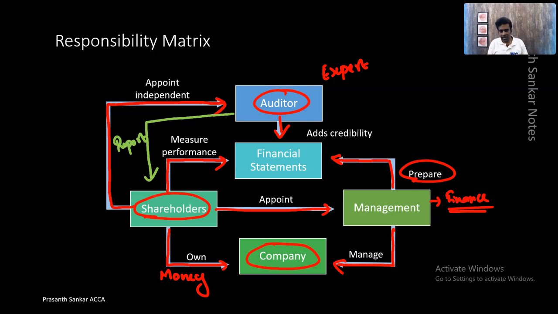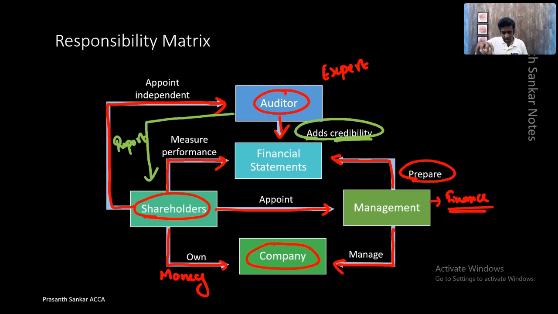So he will read the financial statements. He will look at the financial statements prepared by the management, and he will give a report to the shareholders. That report issued by the auditor will improve the credibility. What is the meaning of credibility? It means trustworthiness.